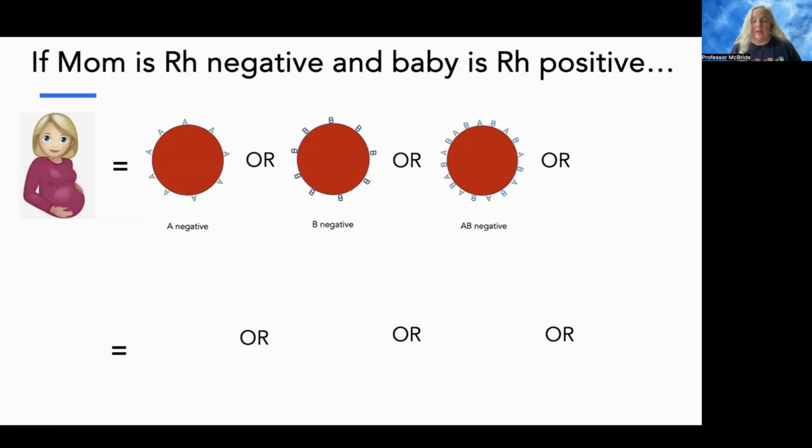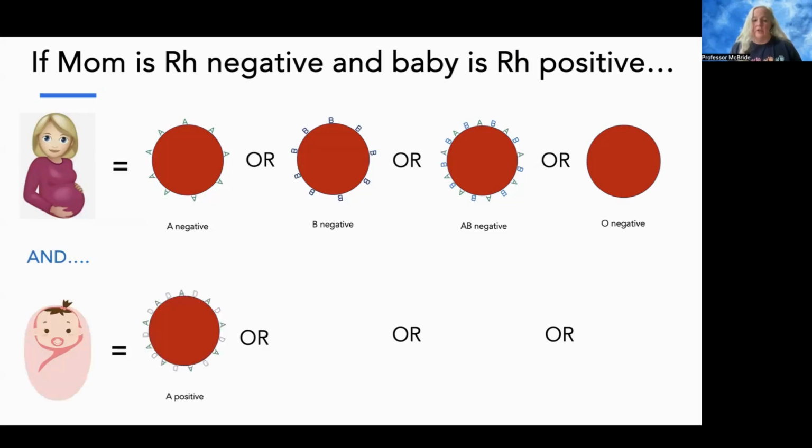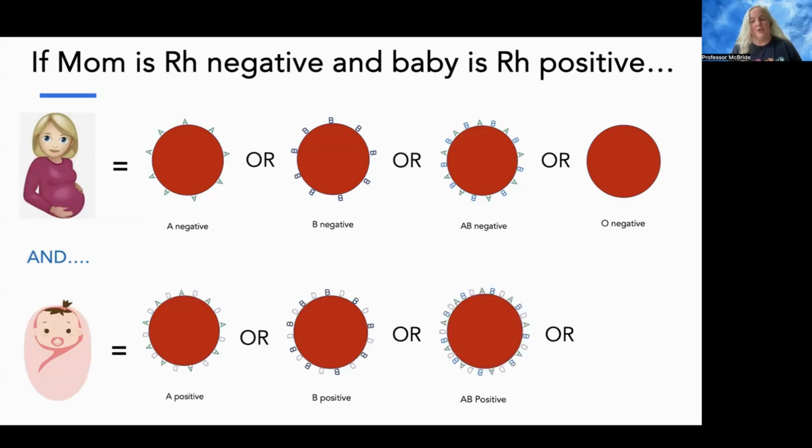She could be AB negative, have both the A and B antigen and no Rh factor, or she could be O negative with no antigen and no Rh factor. This is when this is affected: if mom is Rh negative and the baby is Rh positive. So the baby can be A with an Rh factor, B with an Rh factor, AB with an Rh factor, or O with an Rh factor.